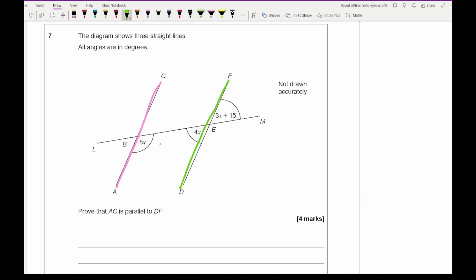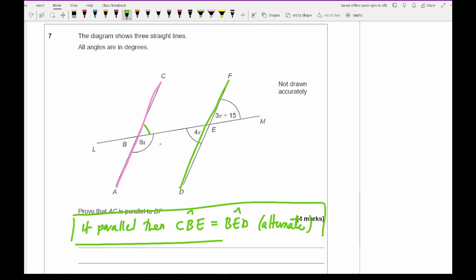So all we can say is that if those two lines are parallel, then angle CBE, which is this angle here, is going to be equal to angle BED as its alternate. So this is what I'm going to be using to prove whether that is true. So I'm going to find out what those two angles here are.